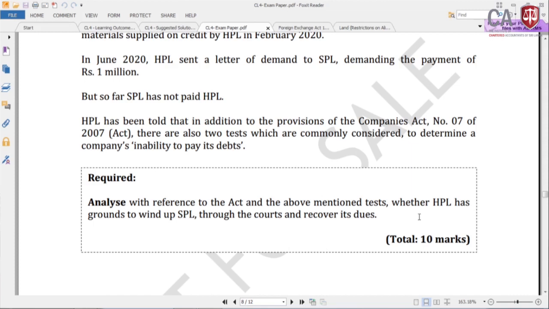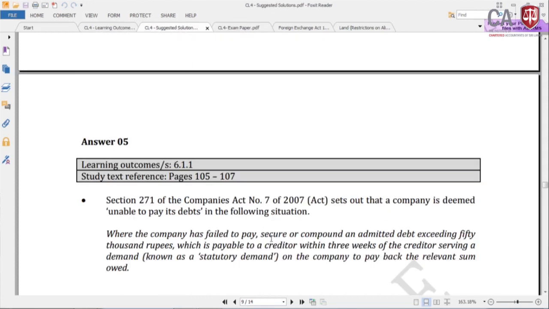Now, this is a case where you are required to find out through the solvency test and the other test whether HPL, as a creditor, has grounds to wind up SPL through the courts and recover its due. Now, in answering, this is how you need to answer.